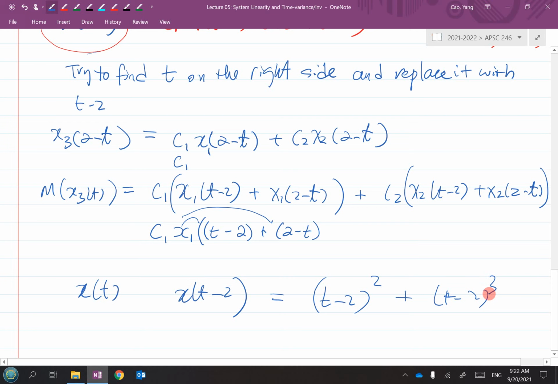So this absolutely is not x times t minus 2. So in this case, this doesn't mean that you have a common factor x1 for the two terms, right? This just means there are two functions here. Both functions are in terms of x, but the variable is different, right? The first one is a function of t minus 2. The second one is a function of 2 minus t.